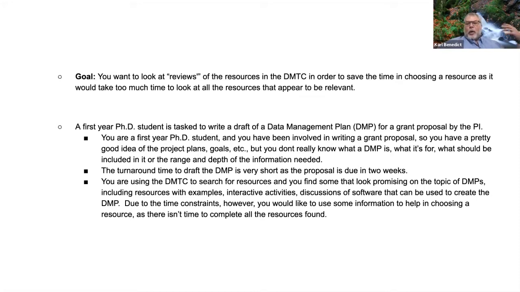So what we want to do is talk about, on a scale of 1 to 5, the basic premise that we're operating under here: how important would it be to have this assessment information available, given the scenario we've laid out, with you as a learner wanting to efficiently narrow down a collection of candidate resources to meet your needs?